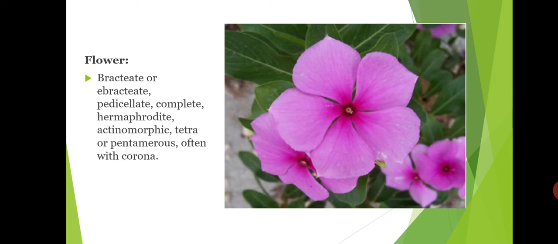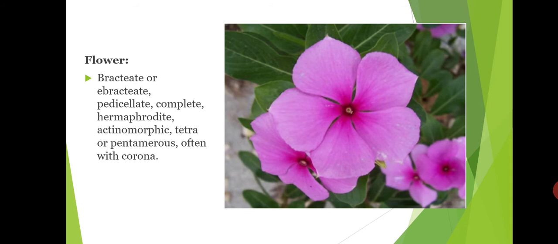Then next we will study in detail the flower characters. The flowers are with bracts, so bracteate flowers, or in rare conditions we can see the ebracteate condition also. Then the pedicel is there, that is, a stalked flower, and it is complete.